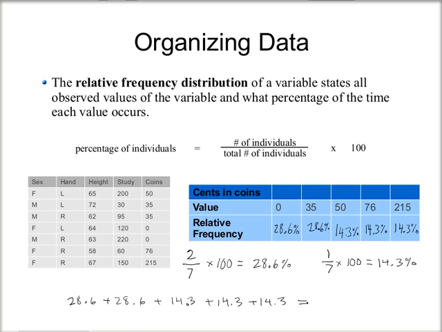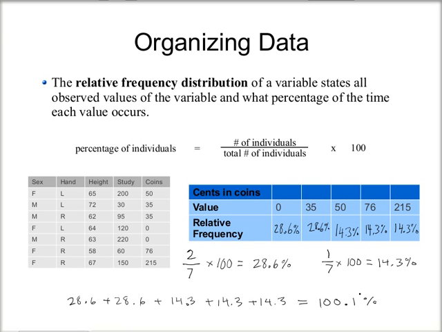If I add all of those up, that's going to give me 100.1%. So that's very close to 100%. And it's a little bit off because I rounded to 1 decimal place up here. So if I had taken the exact percentages here and added them up, it should be exactly 100%, but because I rounded, it's a little bit off.